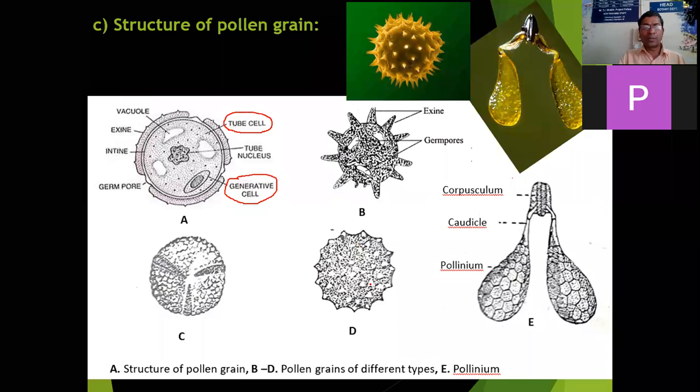Germ pores are present, but there may be 1 to 3. Here also you can see the ornamentation of this pollen grain is different. Now here there is another special type of pollen grain, which is generally called the pollinia. This type of pollen grain is present in the family Asclepiadaceae or the Orchidaceae family.